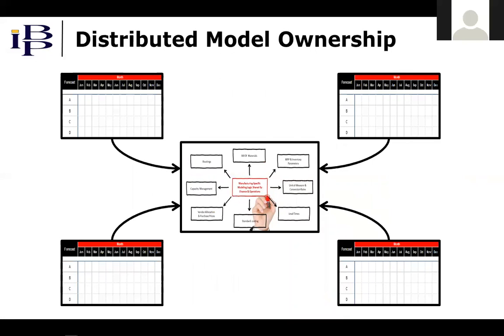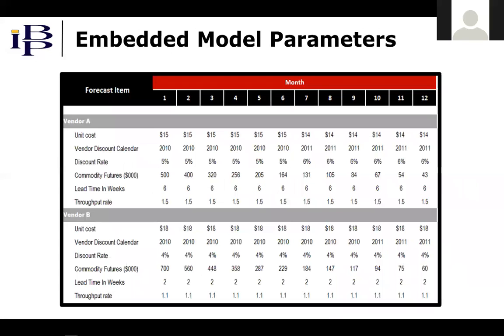One byproduct that you get out of having this embedded modeling logic is the ability to do what I call distributed ownership of the model. So for example, if I have 20 buyers in a company, what I want individual buyers to do is just tell me what the parameters are for how you're doing business with a vendor.